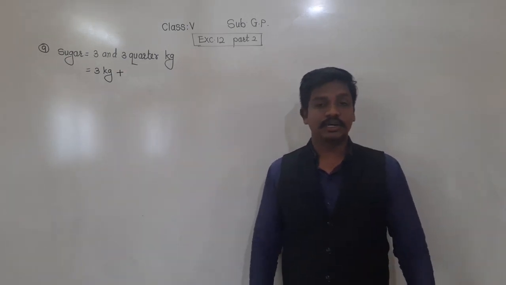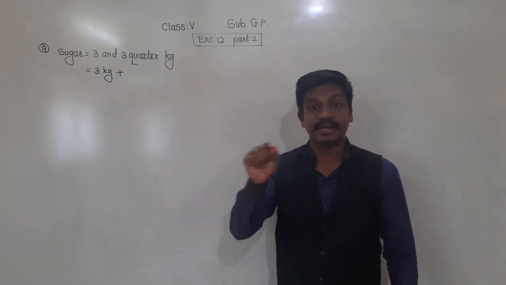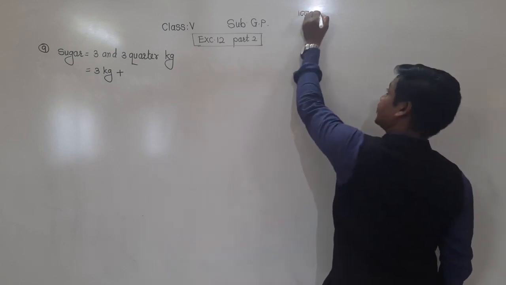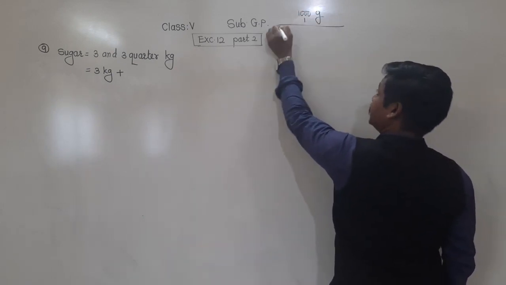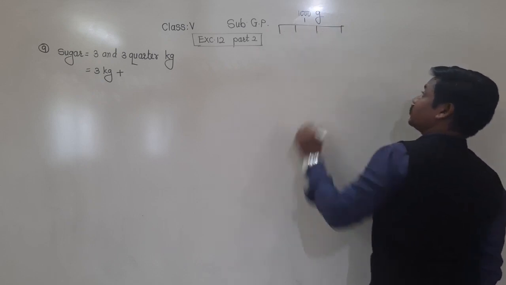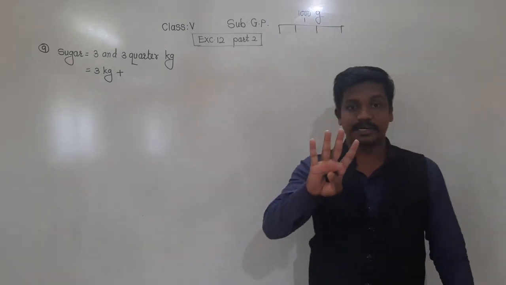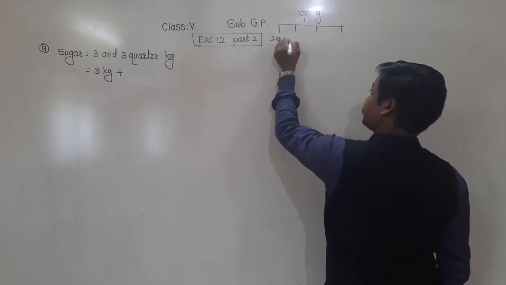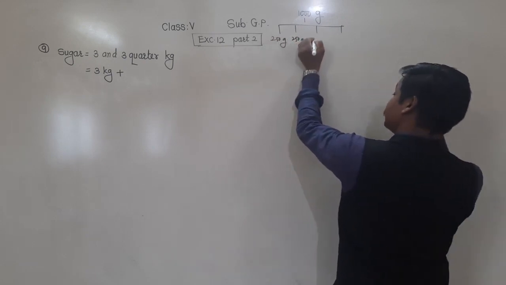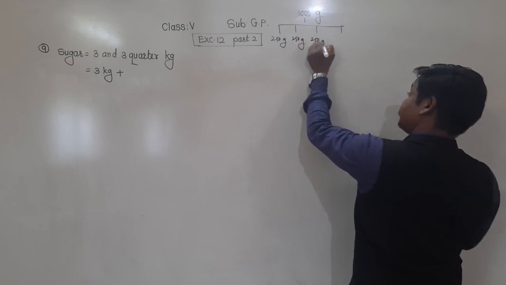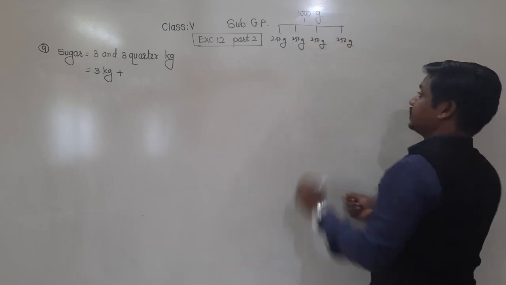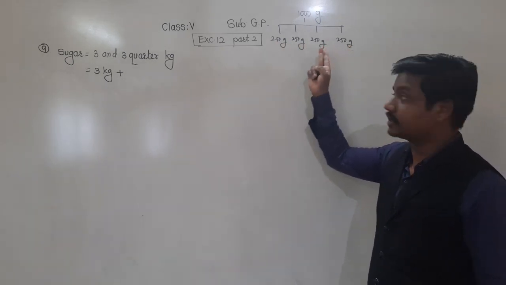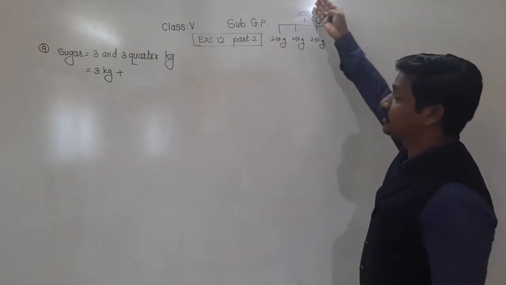You know 3 kg plus 3/4 kilogram. You know 1 kilogram means how many gram? 1 kilogram means 1000 gram, right? So if we divide this 1000 gram into 4 parts, in each part how many? 250 gram. This conversion I have already told before. 250 plus 250, 500, and 250 plus 250, 500. 500 plus 500, 1000.